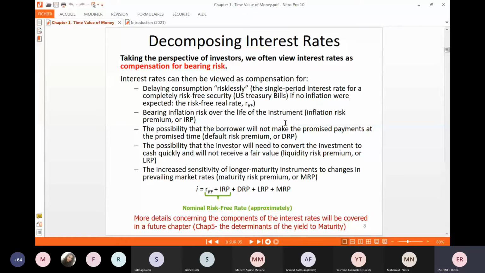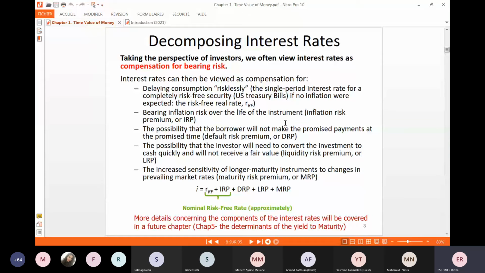To convince you to postpone, to delay your consumption today, the borrower has to pay you a compensation which is measured by what we call in finance the real risk-free rate. It means we will demand, at least from the borrower, a return and interest equal to what you can earn if you invest your money in a risk-free asset.